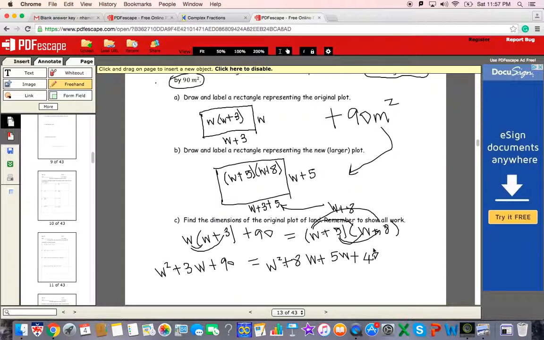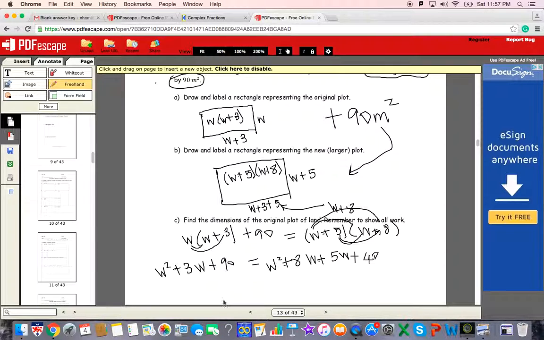All right, whenever you're solving an equation, if it's a quadratic, which we haven't learned quite yet when we did this topic, but if it was a quadratic that you could solve by factoring, you'd want to make everything equal to 0. In this case, we're just trying to get W by itself. A good thing to notice is that we have W squared on this side and on this side.